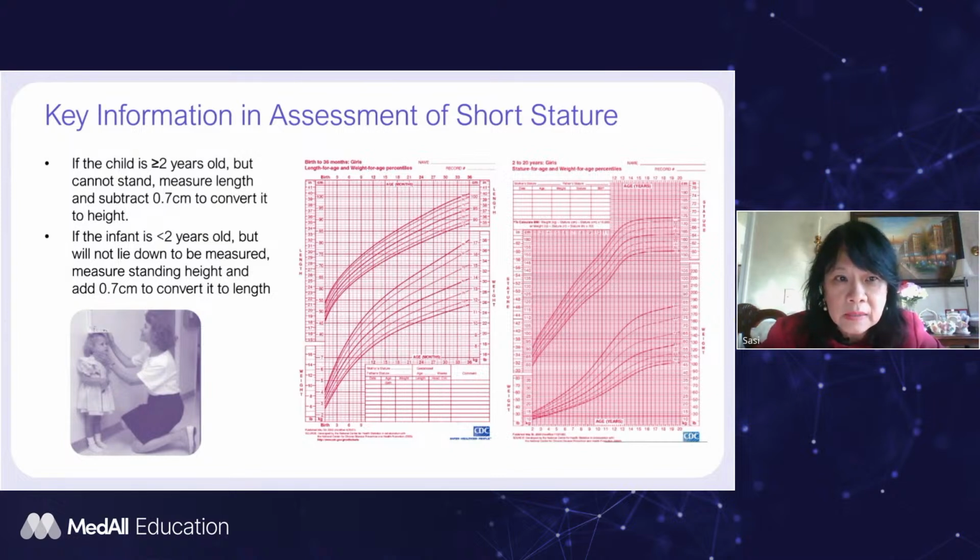If we have a child who is about 2 years old and we get standing height, but we plot on the birth to 36 months growth chart, we need to convert standing height to supine length by adding 0.7 centimeter, because supine length is slightly longer than standing height. This will provide accurate plotting on the correct growth chart.